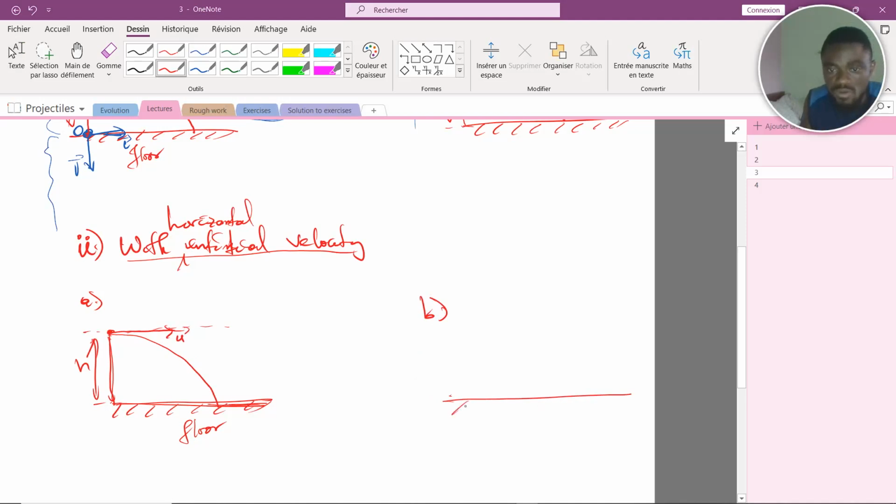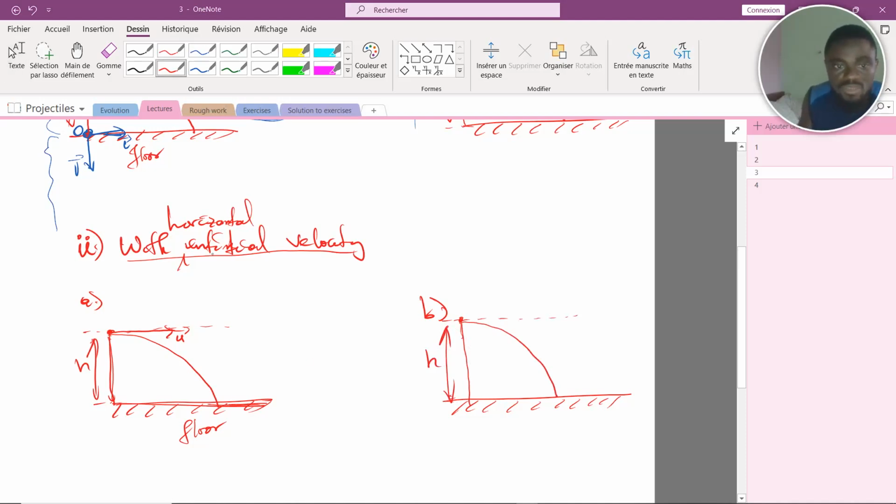This is our floor. Is that okay? The particle being projected vertically downward will always be from a certain height h. Let me extend this horizontal line. It is projected vertically downward, so the trajectory will be that.